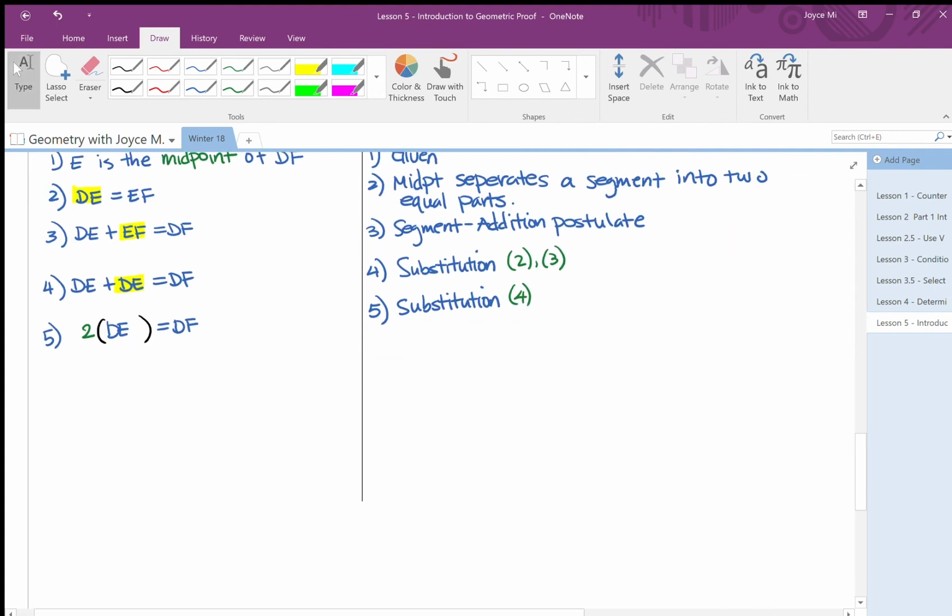So now number 6. Well, remember my goal is to solve for DE. I want DE by itself on one side. So next step, I could just divide both sides by 2. So I say DE is equal to 1/2 of DF. I divide both sides by 2.